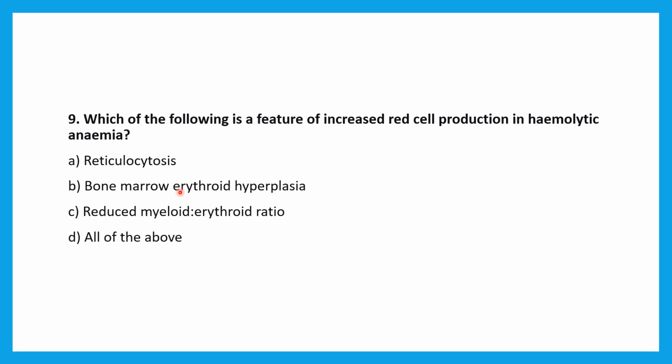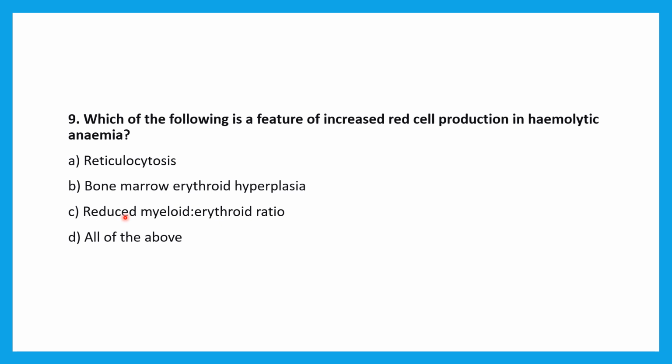So this one is there. Then bone marrow erythroid hyperplasia. Okay, so the bone marrow space is hypercellular, with a disproportionate increase in what? In the erythroid series, or in other words, the red cell precursors. Okay, so this one is there.